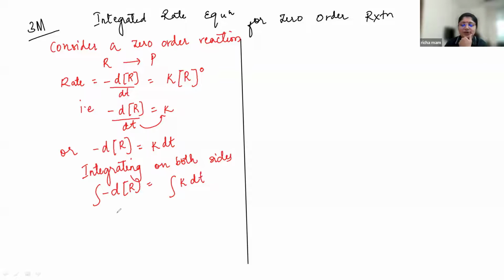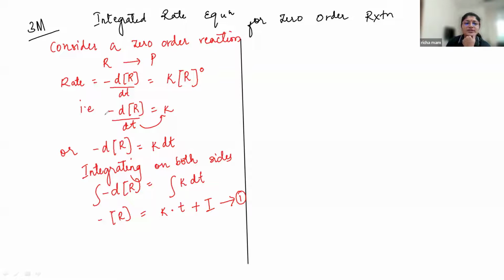After integration, the integral of minus dR is minus R, which equals the integral of k dt, that is k into t, plus an integration constant. This is our first equation. Is it clear up to here? Yes, ma'am. Up to here, you will get 1 mark.